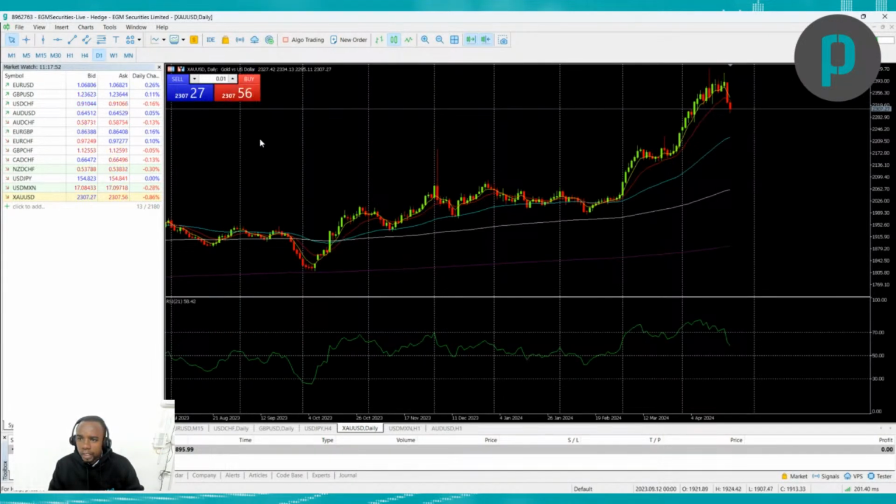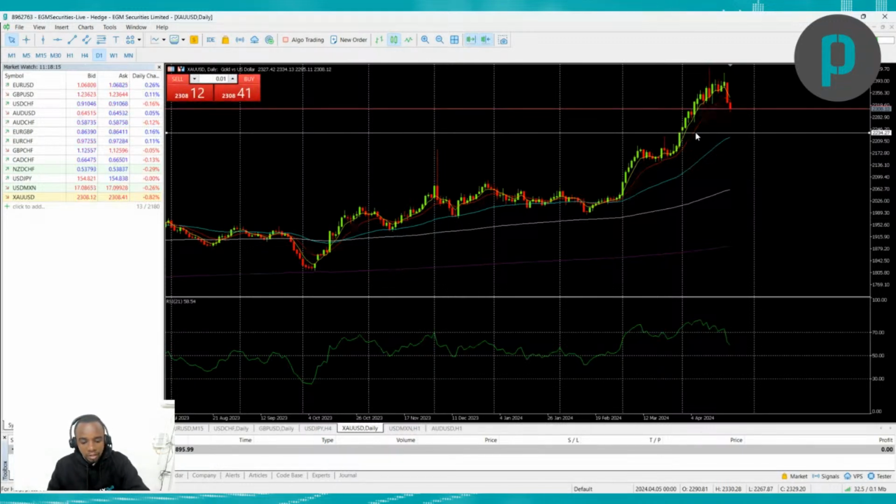So I'll go to the daily. I'll be interested in seeing the high of last month. Last month's high. This is where maybe we are looking for opportunities to go long, because this area which we'll probably consider resistance will now turn into support, and probably it will coincide with this moving average that is going up, and that will further fortify this area as a support area and push gold up.